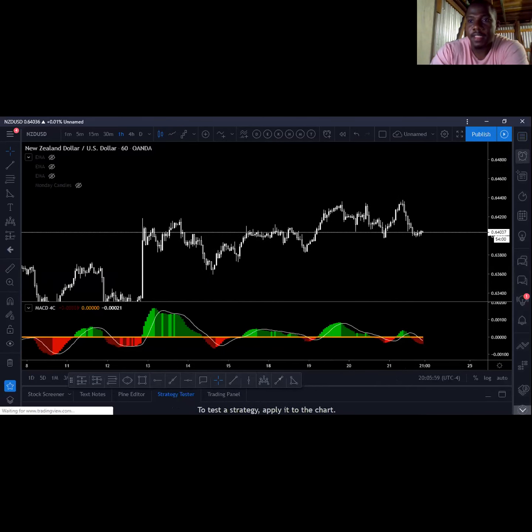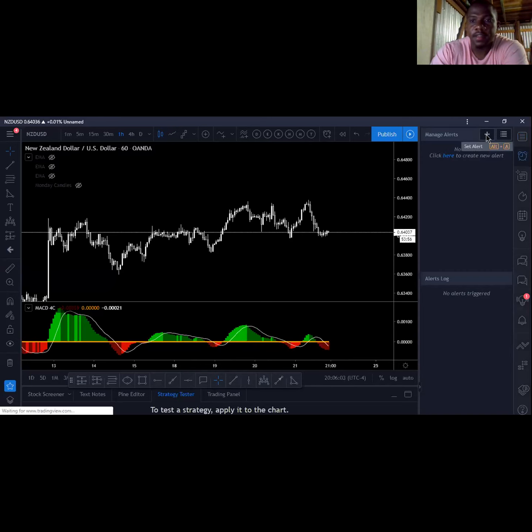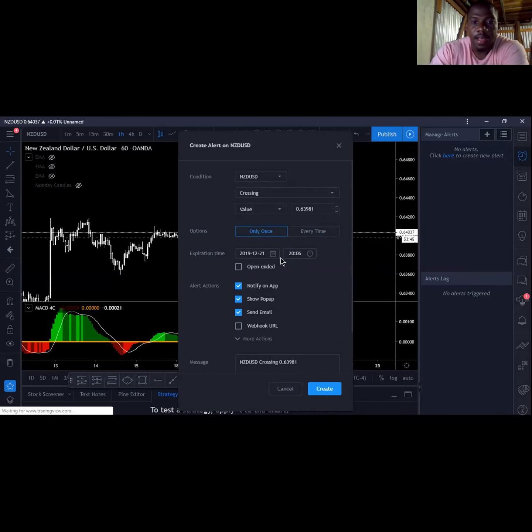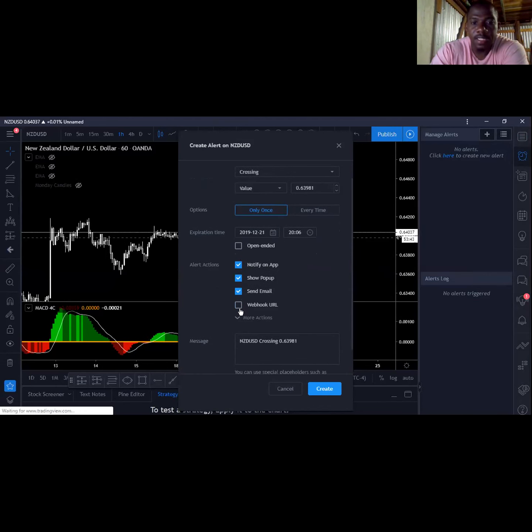This next alarm clock is alerts. Your alerts will come up here. If I wanted to create an alert, I would just right click and add alert, select how I want to be notified, and send a message to myself so that when the alert triggers, I would see the message.